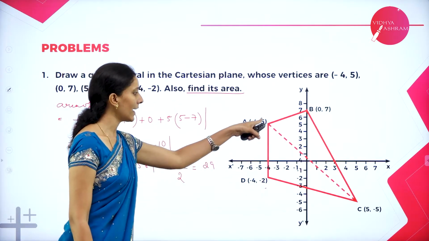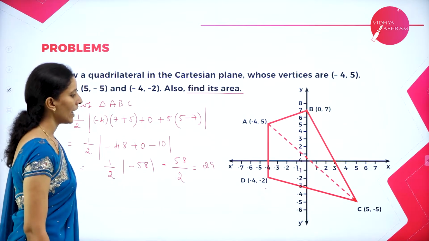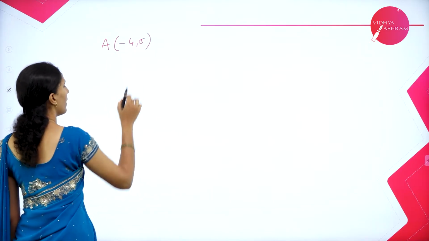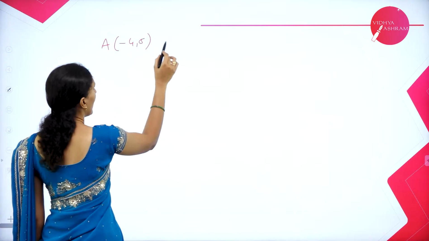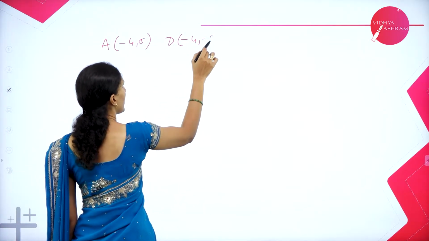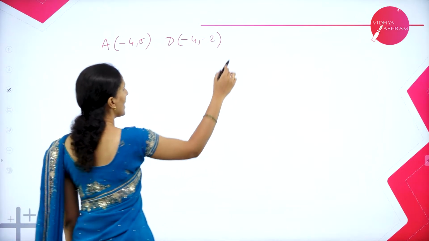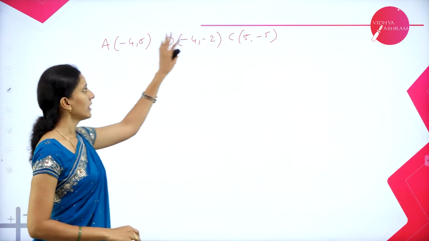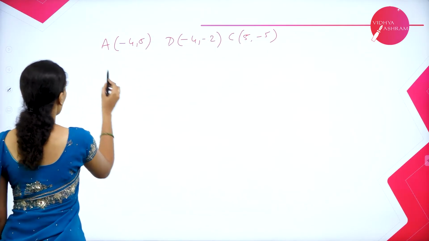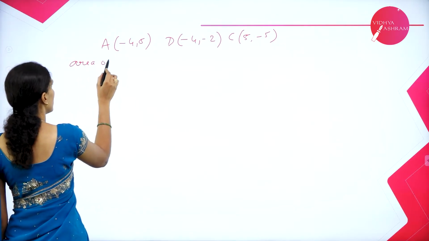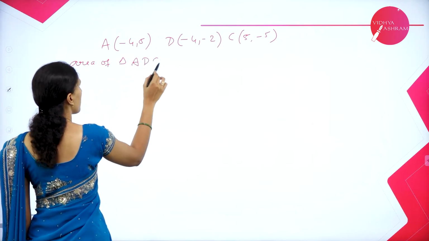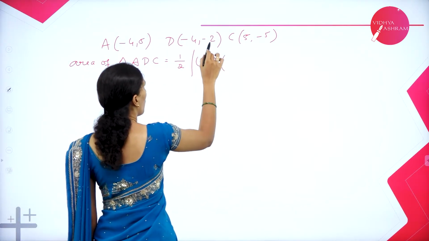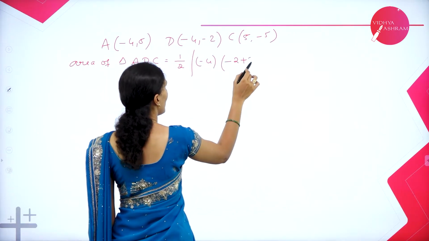Now let us calculate the area of the second triangle, that is ADC. So let me write the coordinates. We have A as (minus 4, 5), next D as (minus 4, minus 2), next C as (5, minus 5). Let me take these as x1, y1, x2, y2, x3, y3. Again, area of triangle ADC is half into x1, y2 minus y3, that is minus 2 plus 5.